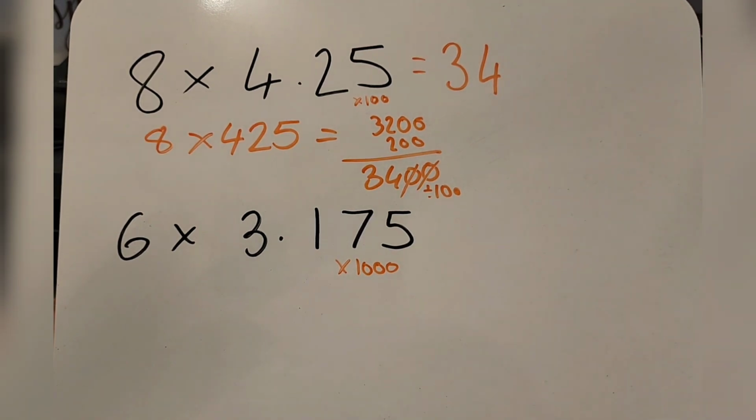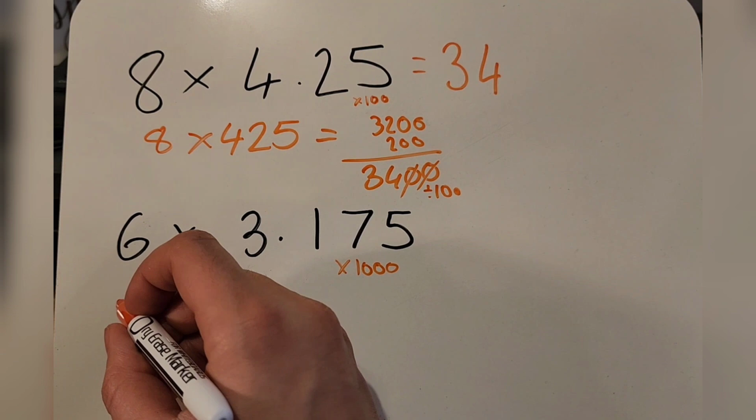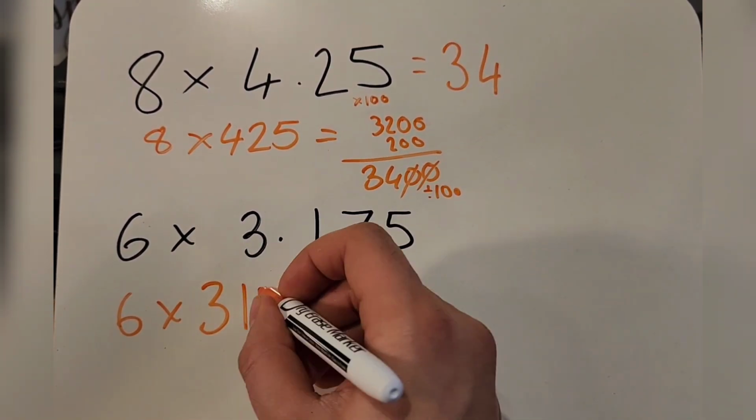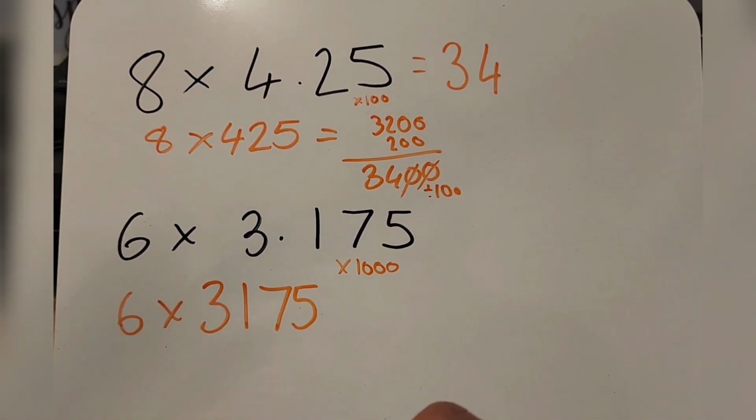Here we've got 6 times 3.175. So it's going to become 6 times 3,175.